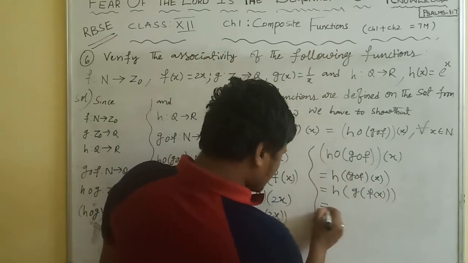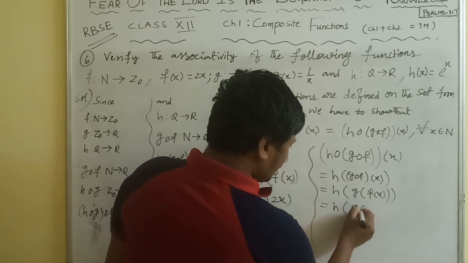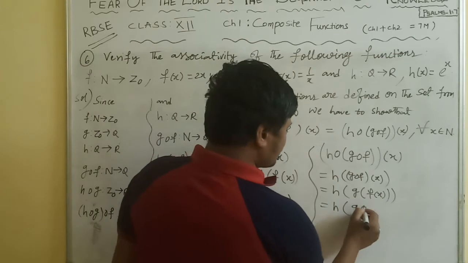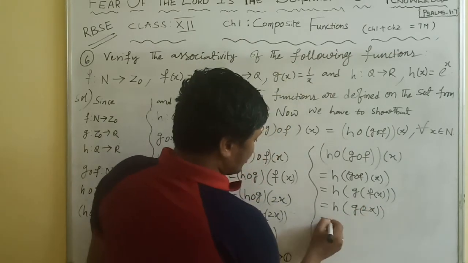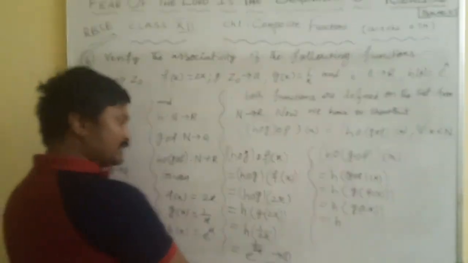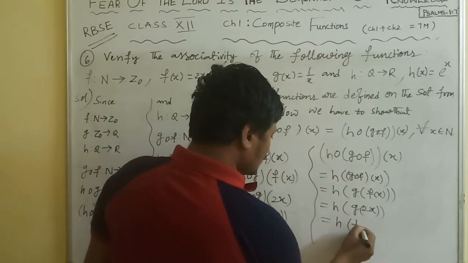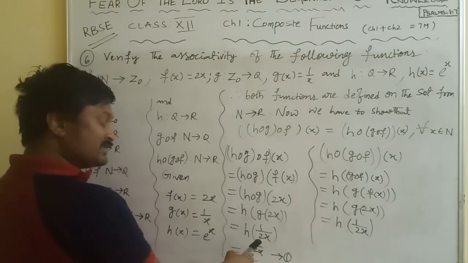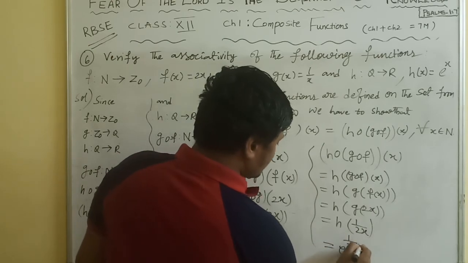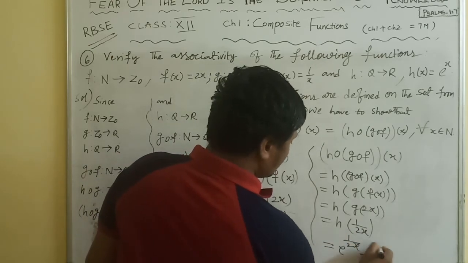So now this is h of g of, what is your f of x? f of x is nothing but 2x. So substitute that 2x. Then h of g of 2x is nothing but, already found, 1 upon 2x. Then h of 1 upon 2x means, that you also already found, e power 1 upon 2x. So e power 1 upon 2x. This is your equation number 2.